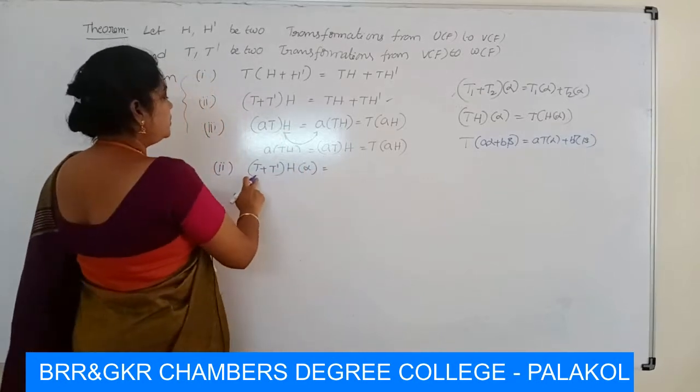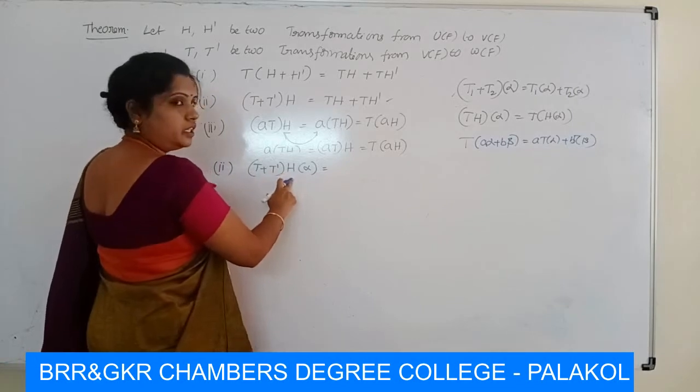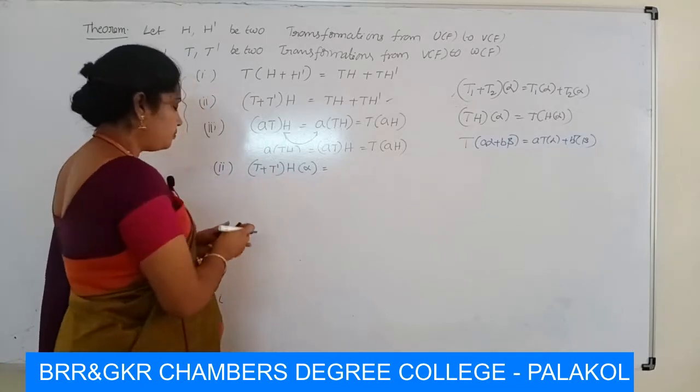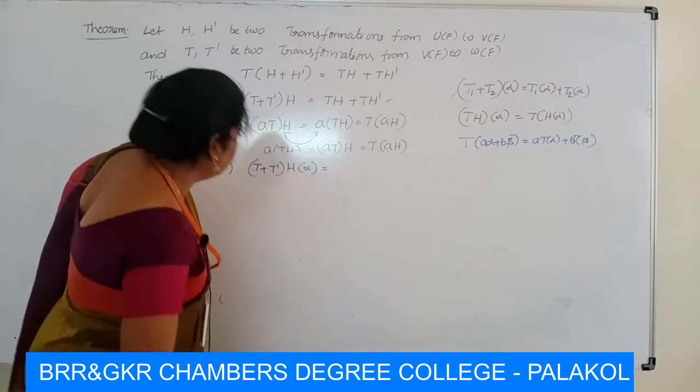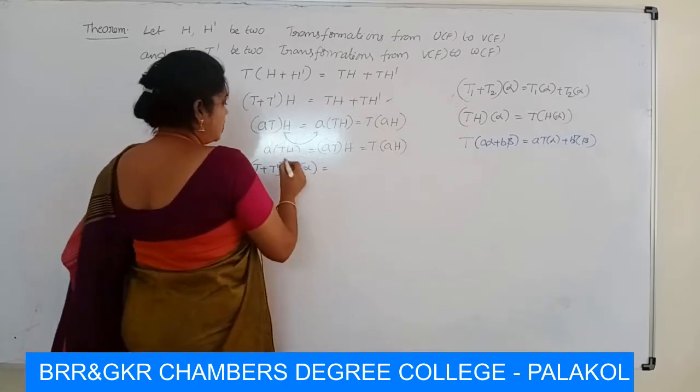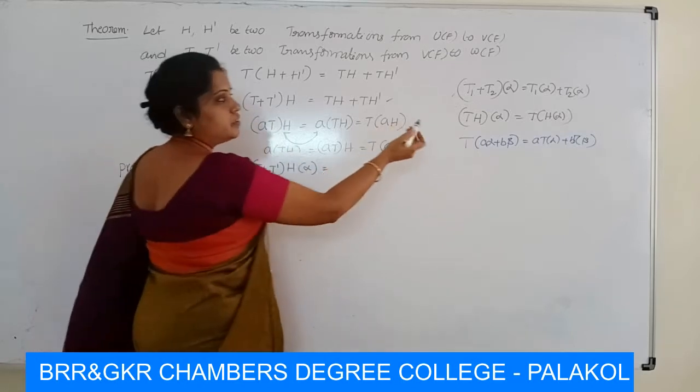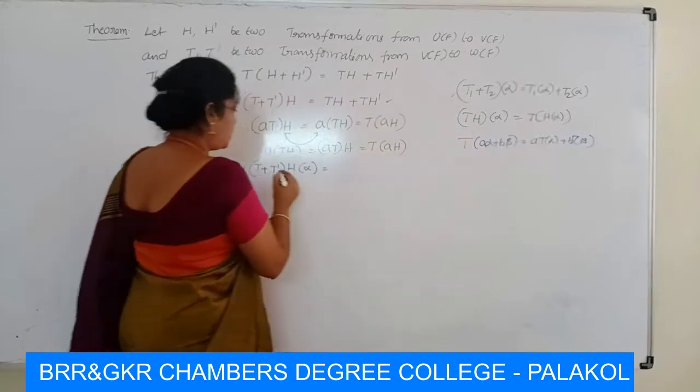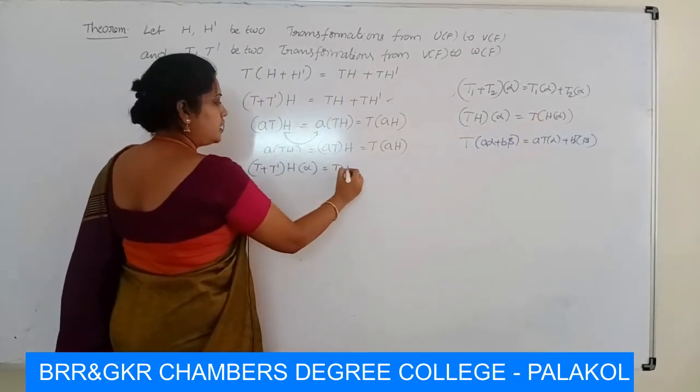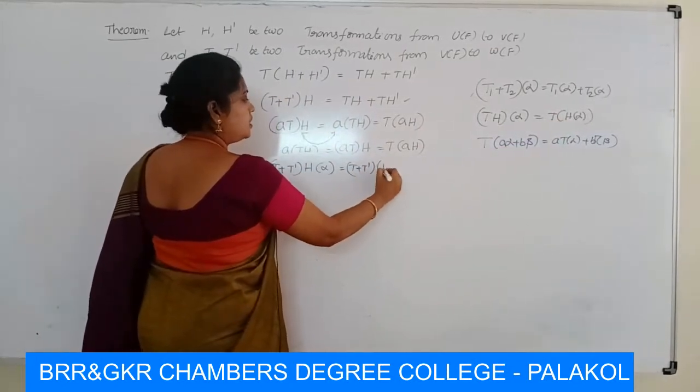This is the sum of the transformations into the transformation. The product of the transformations is defined as T into H of alpha. So (T plus T dash) into H of alpha.